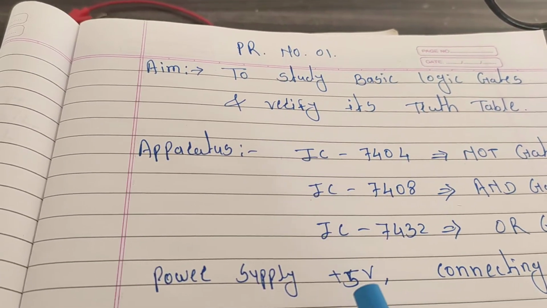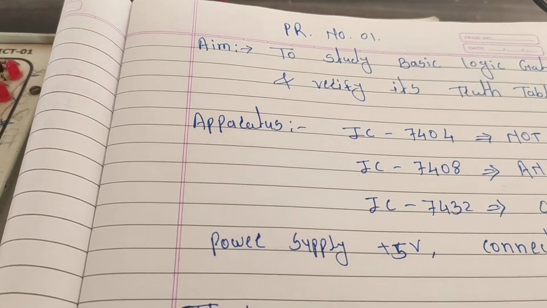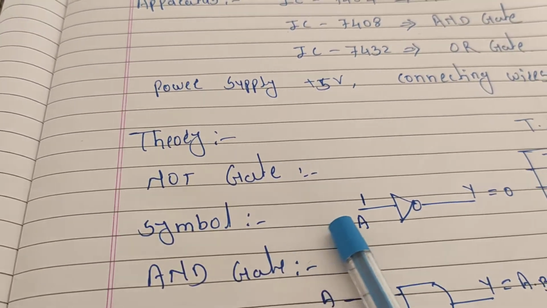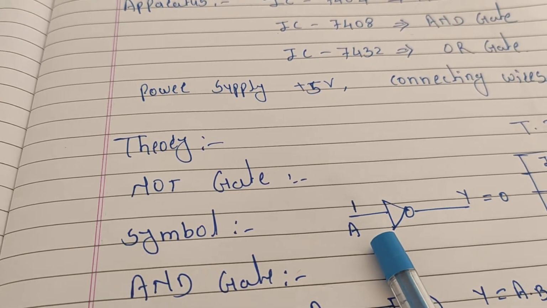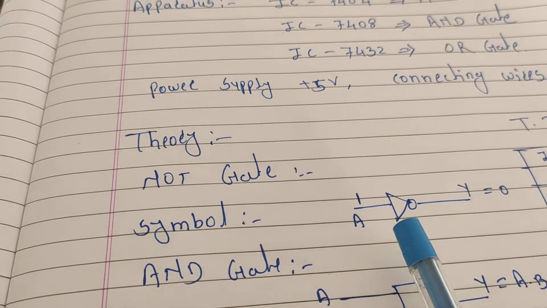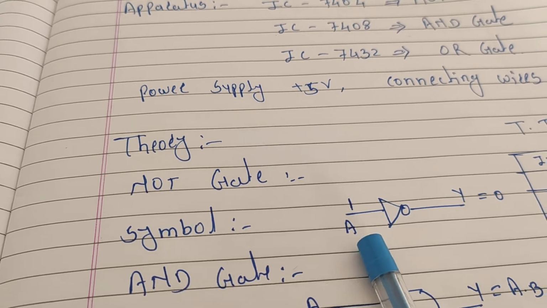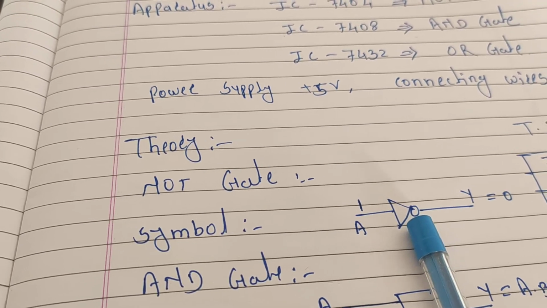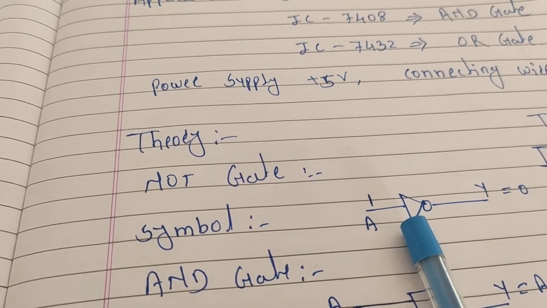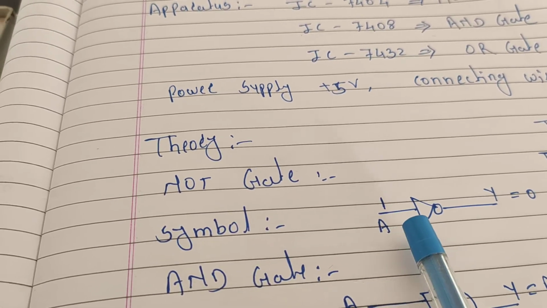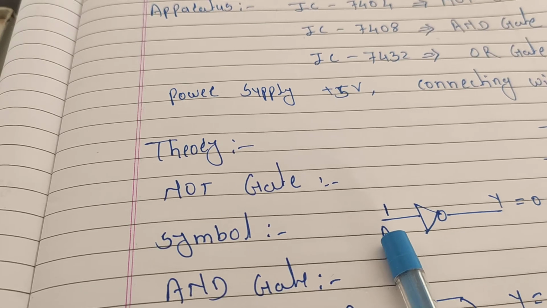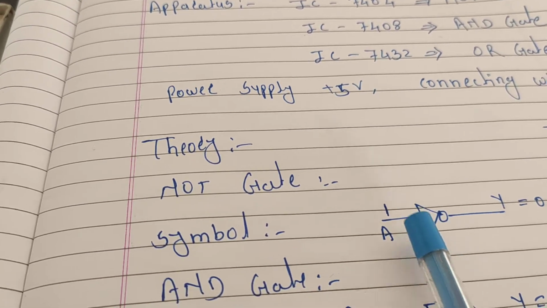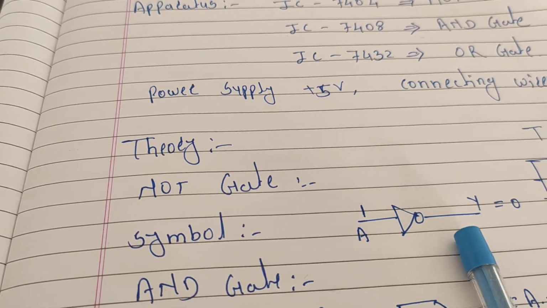For this we have some theory for the NOT gate. As we recall, the symbol for the NOT gate is like that. The figure shows the NOT gate having one bubble in front of the buffer. That's why it looks like a NOT gate. This is a one-input NOT gate, single input, single output.